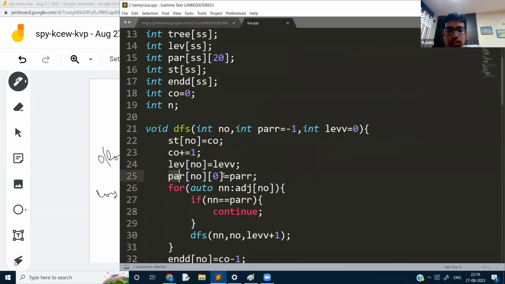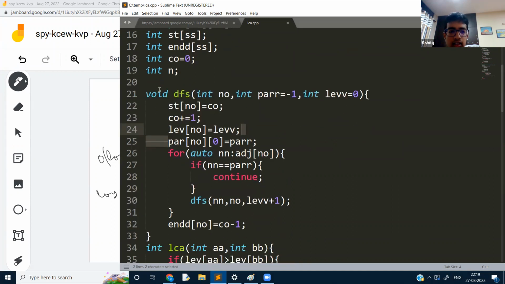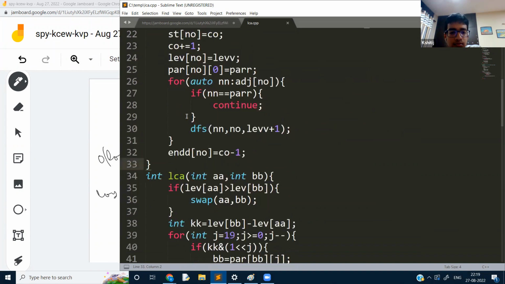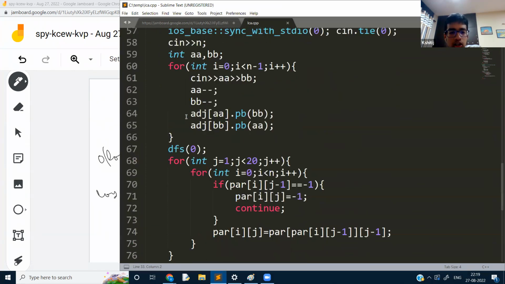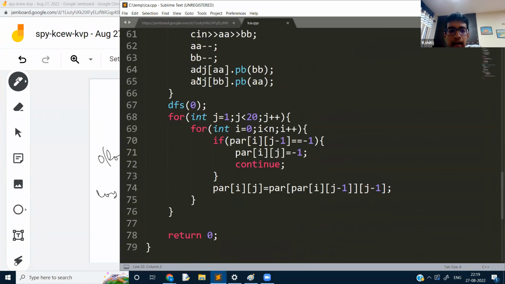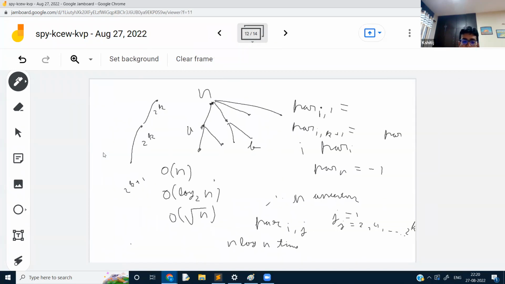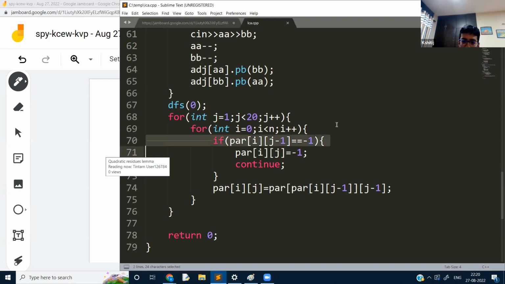We do a depth first search first. Here we calculate the depth of the nodes and the direct parents. I had explained what depth first search is in the previous problems. And now, once the parents are calculated, we do the binary lifting recursion. Here we find the parents at powers of 2.